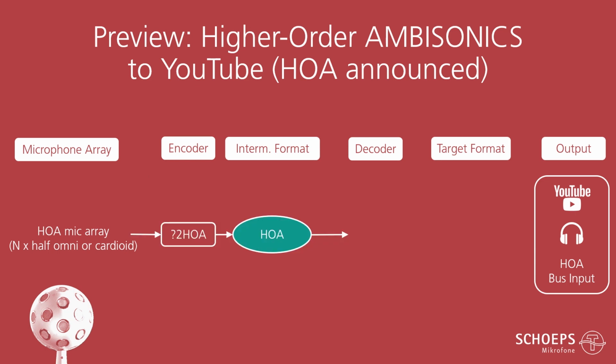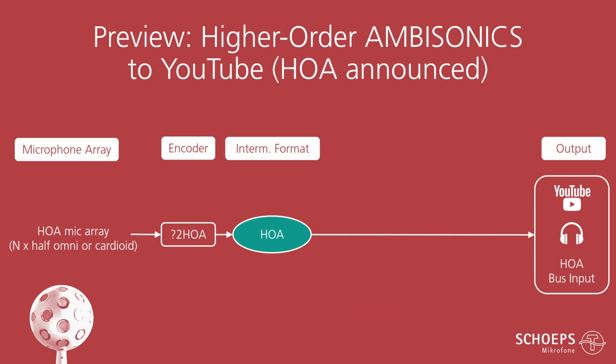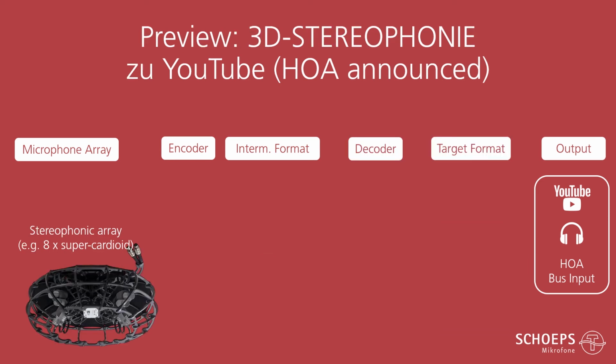And how do you do this then? You might have a higher order Ambisonics microphone array, encode that to the intermediate format, higher order Ambisonics, and then directly put this into the higher order Ambisonics bus input, which YouTube will then hopefully be equipped with. Internally, as I said, it will be exactly the same. There will be virtual speakers.